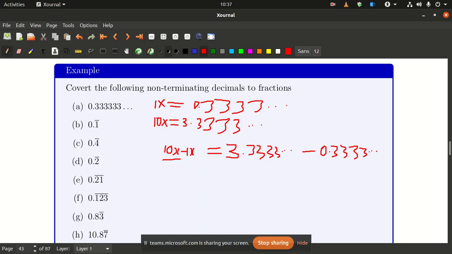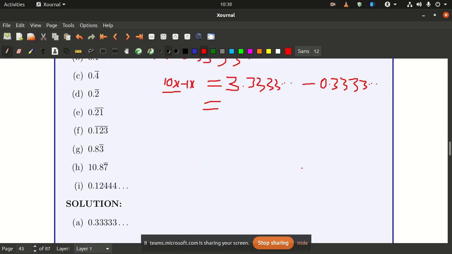Now here is the thing that I want you to understand. Now that you understand how to subtract decimals, you know what the answer is here. What is 3.33333333 minus 0.33333? Three. Yes.